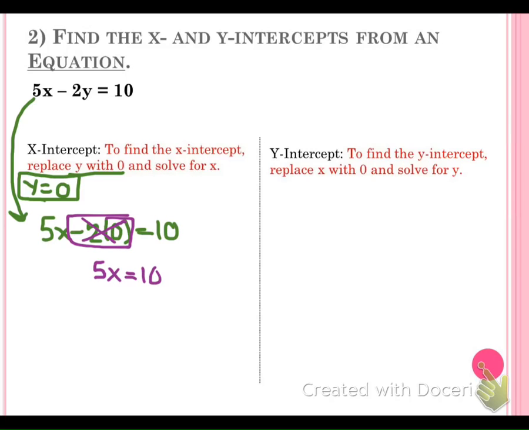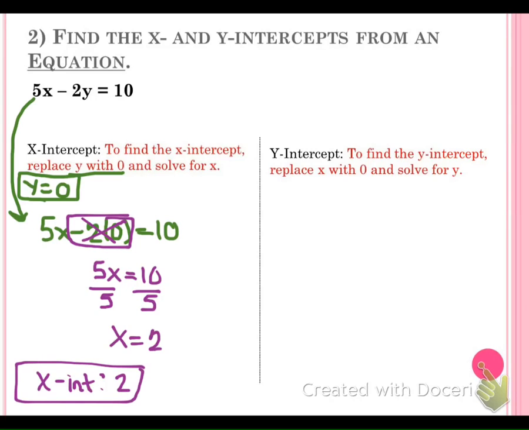And now I get to solve for x, so since I'm multiplying by 5, I divide by 5 on both sides, and x is equal to 2. So that means that my x-intercept is 2, and my point is going to be 2, 0.